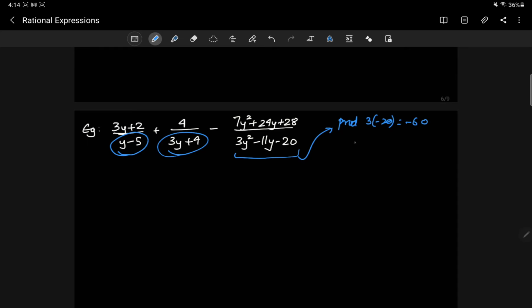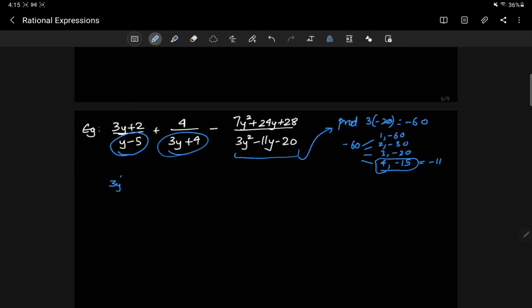So let's see, how many ways can I get this? So I can have 1 negative 60, 2 negative 30, 3 negative 20, 4 negative 15. Oh, that looks like the one that's going to work, because if you add these, you get negative 11. So let's go ahead and do that.